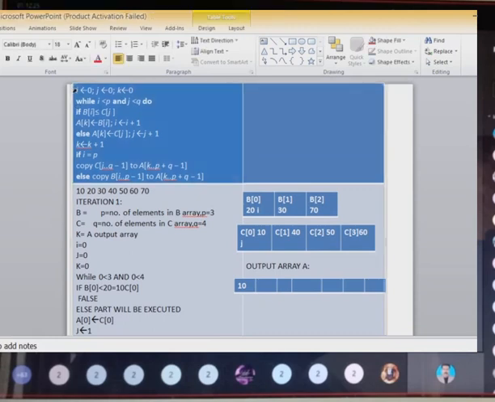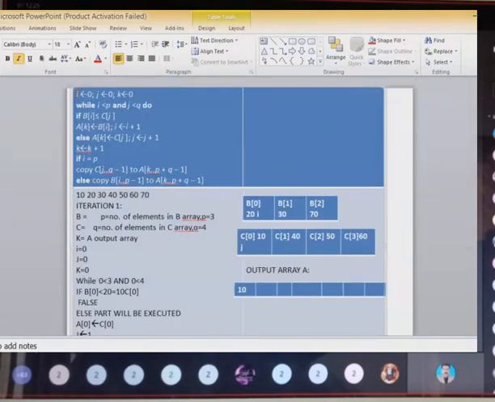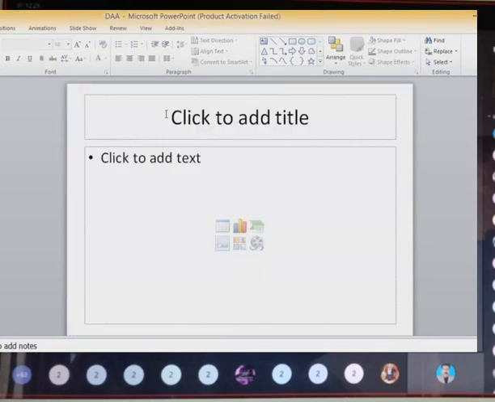Next, iteration 2. Students, now tell me iteration 2.